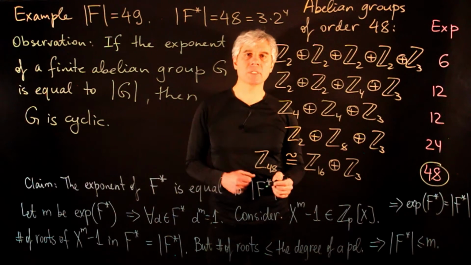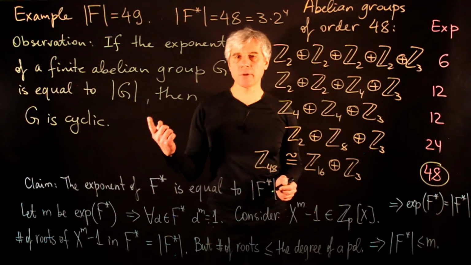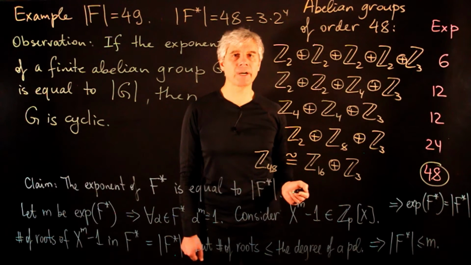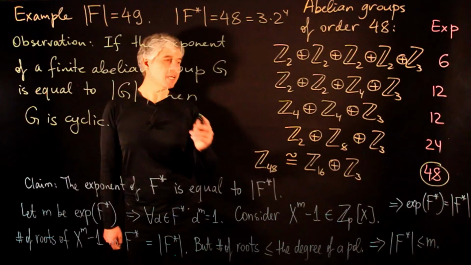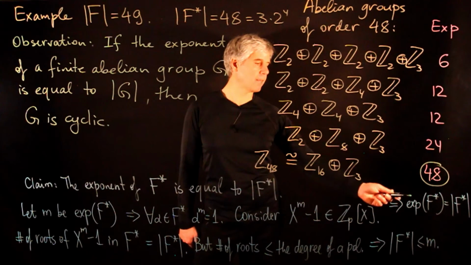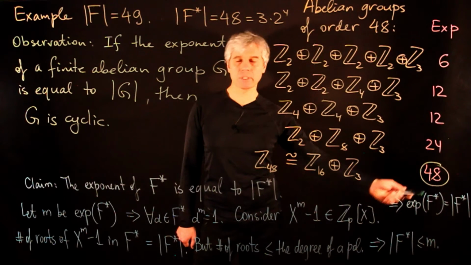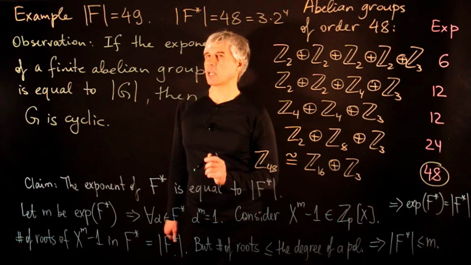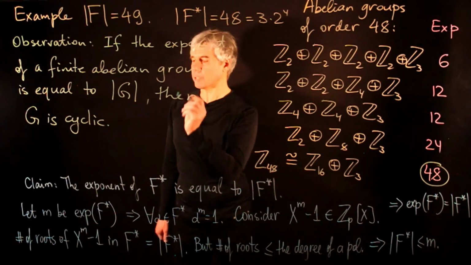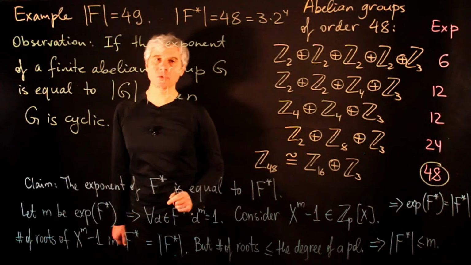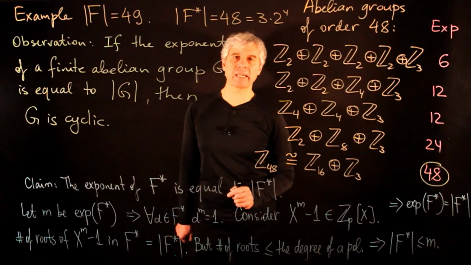And the claim of this observation can be easily derived from this classification theorem about the structure of finite abelian groups. Combining these two observations together, that the exponent of a multiplicative group of a finite field is equal to its order, and this observation about exponents of finite abelian groups, we obtain the required claim that the multiplicative group of a finite field is cyclic.